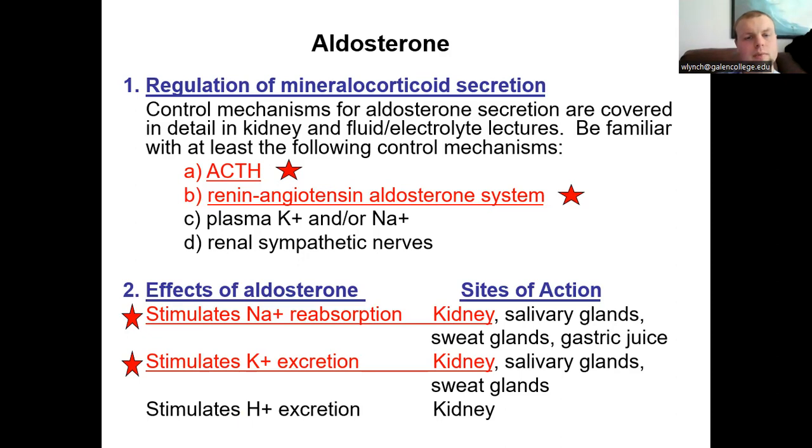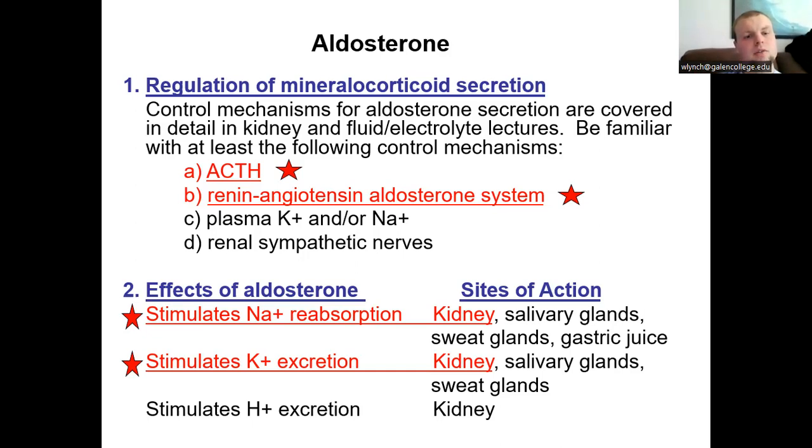We have fluid and electrolyte balance there. It's going to be secreted because of the adrenocorticotropic hormone action on the kidney itself. So the adrenocorticotropic hormone released from the pituitary is going to act on the kidney, which releases renin, which is going to lead to angiotensin conversion to angiotensin 2. And then that is going to stimulate the aldosterone release from the adrenal cortex there.